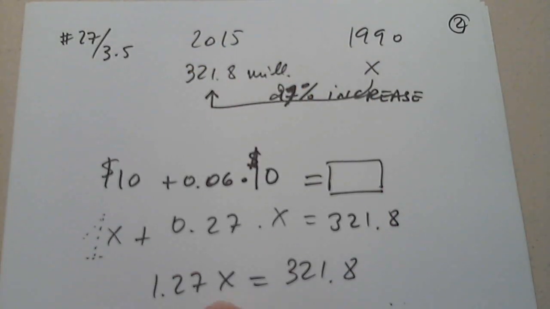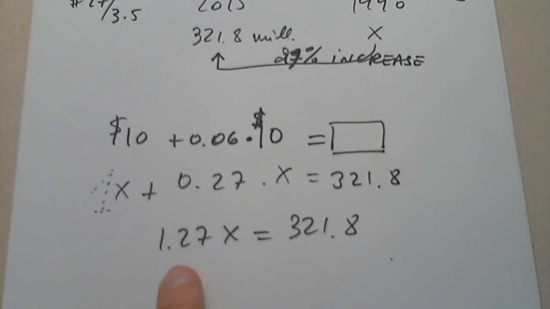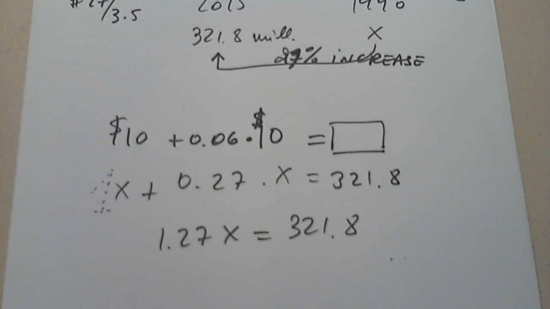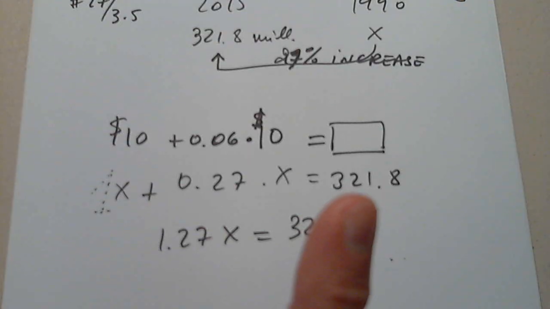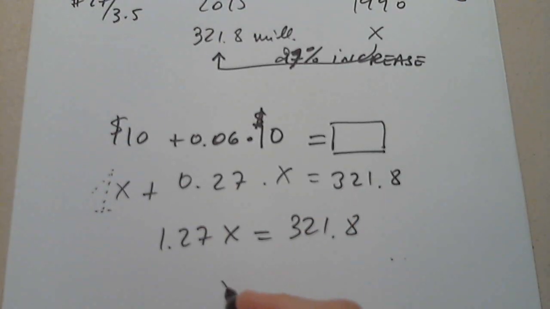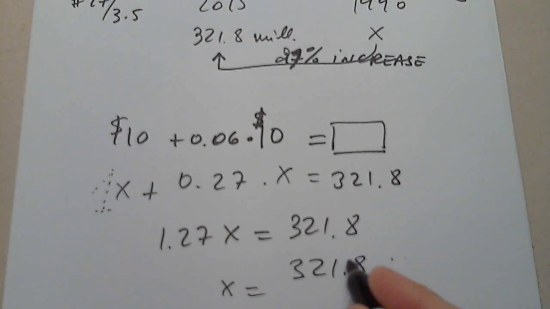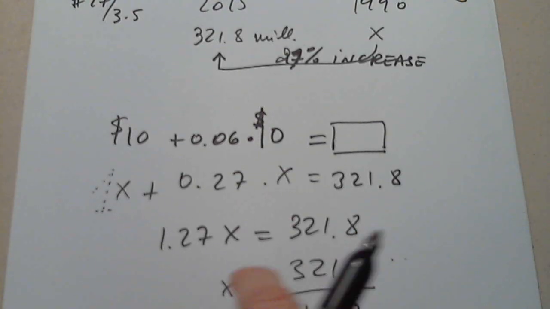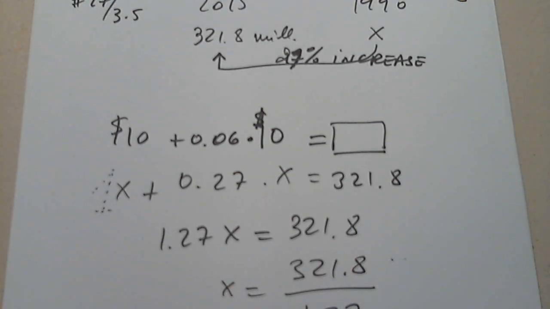Also, when I divide by a very tiny number, the result will be bigger, but here I'm dividing by 1 point something, so the result will be smaller than this. If I divide by 0.06, the result will be bigger than that.